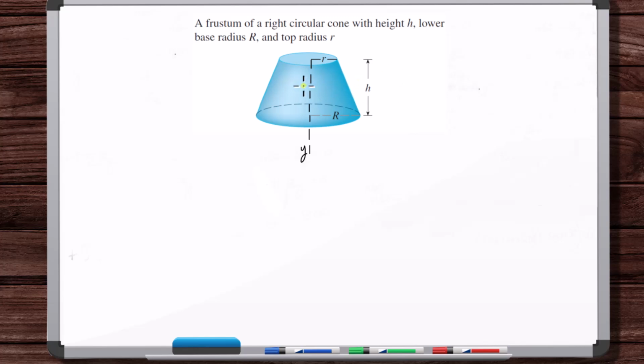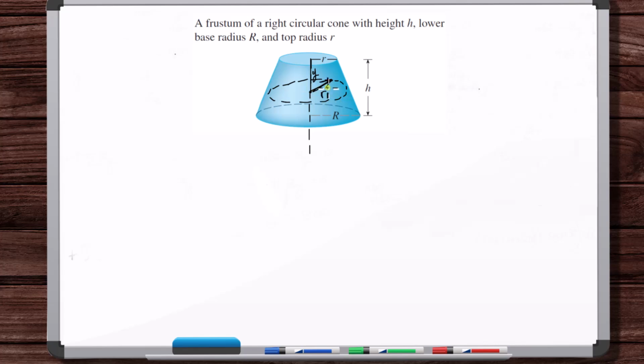And so the idea is, this is 0, so we're going from 0 to h along the y-axis. And so what we need is a general formula for if we're at any position y, what is the radius of this cross-section?